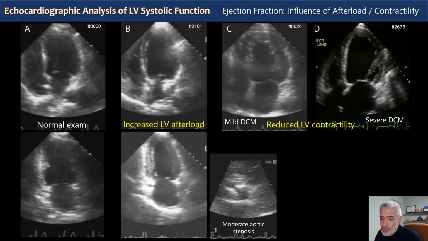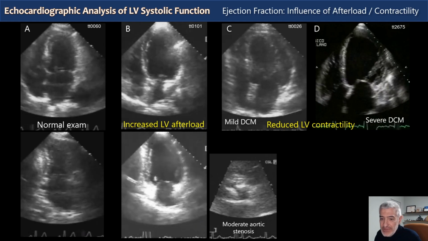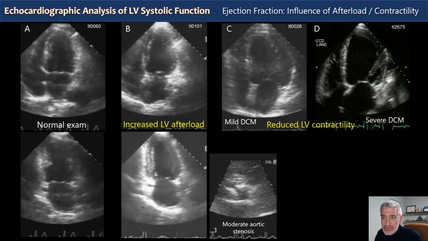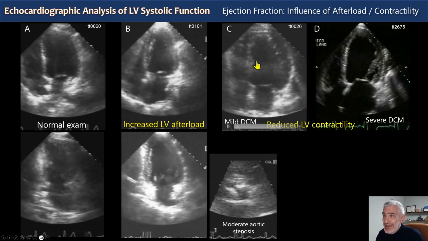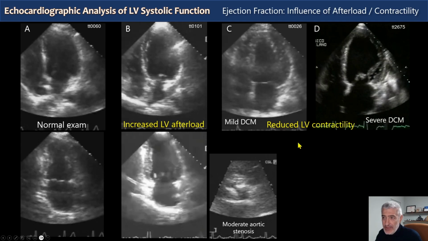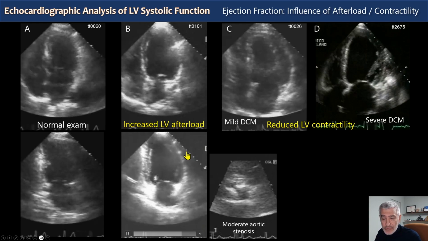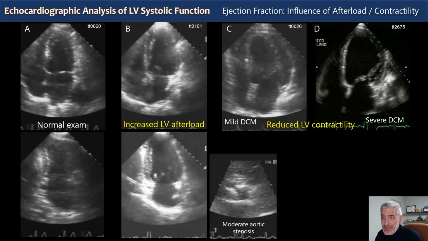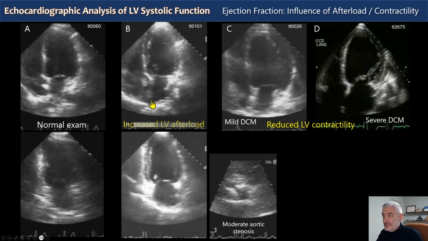So it is very important in our diagnostic workflow to be able to discriminate between a reduction in ejection fraction secondary to a reduction in contractility like in C and D, and to distinguish it from a reduction due to increased afterload with unchanged contractility as in the patient in B.